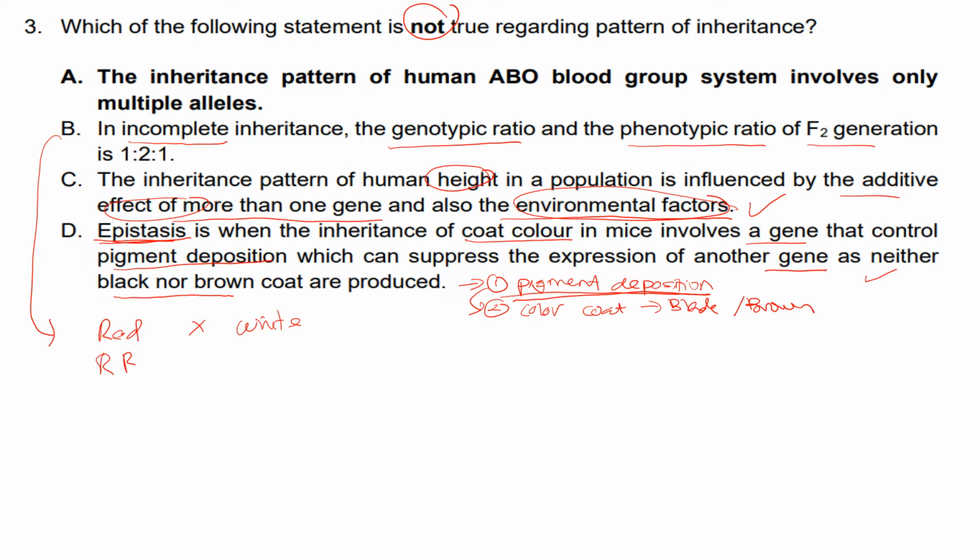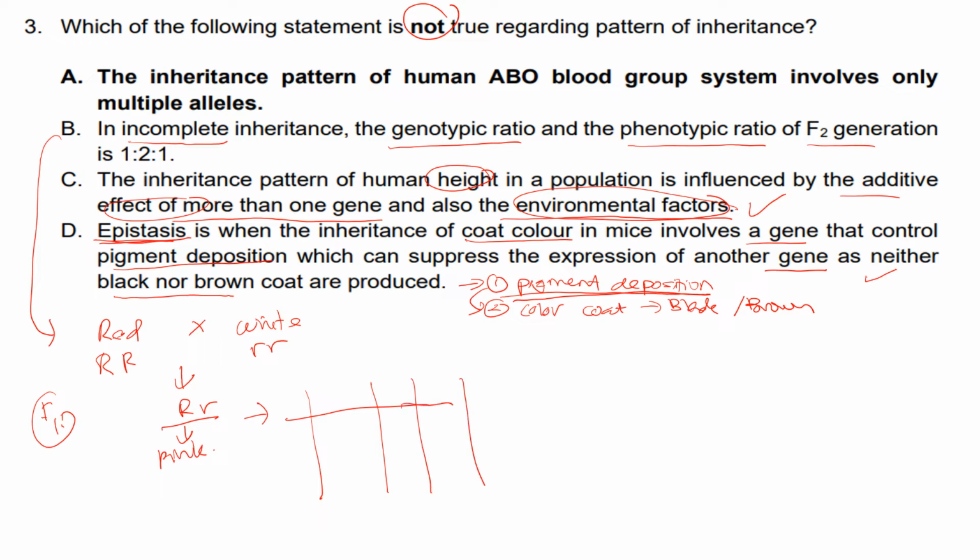The genotype for red is capital R, white is small r, and the F1 generation you produce is heterozygous, capital R, small r. The phenotype will be pink. You allow the F1 generation to undergo self-fertilization, and then you get the F2 generation in the 1 to 2 to 1 phenotypic ratio.